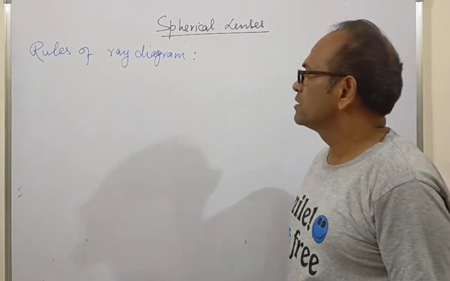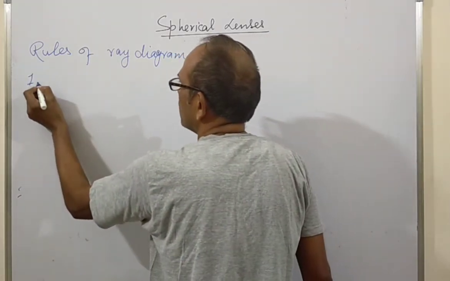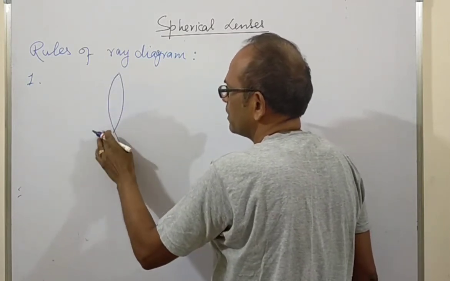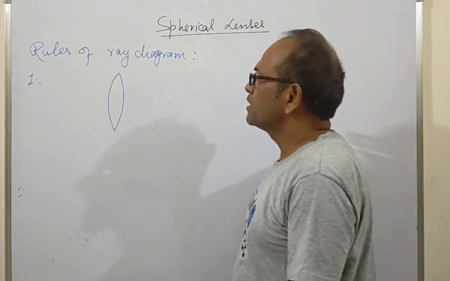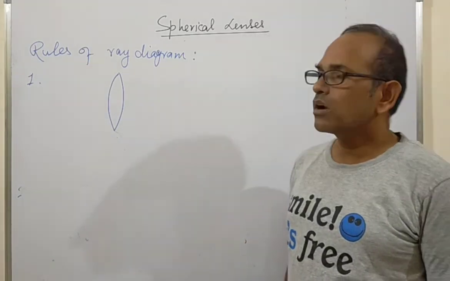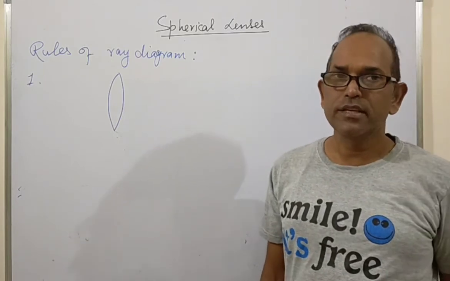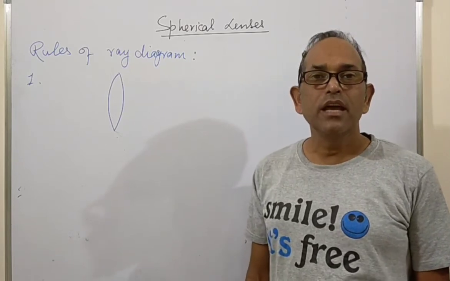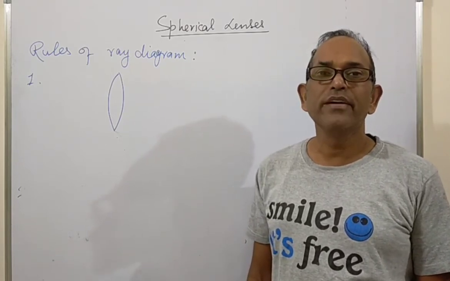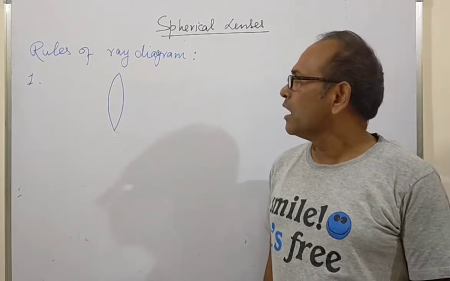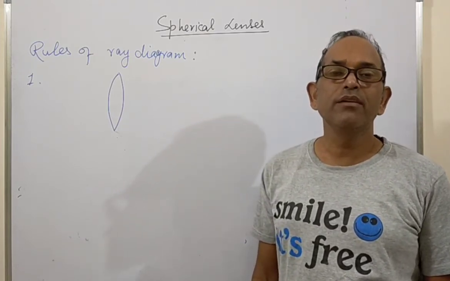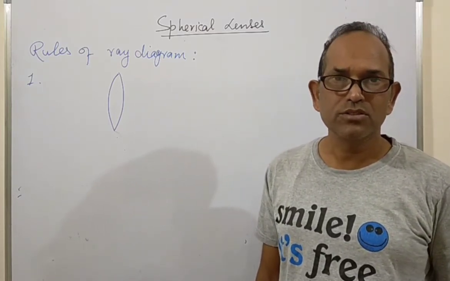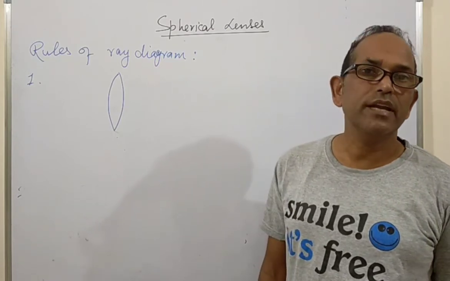Okay, so first rule is rule number 1. It is very simple. When you take either a convex lens or a concave lens, the first thing you have to keep in mind is that a concave lens behaves like a convex mirror and a convex lens behaves like a concave mirror. So this is, in very short, how to understand the rule.